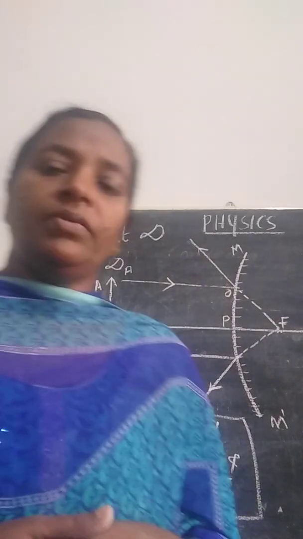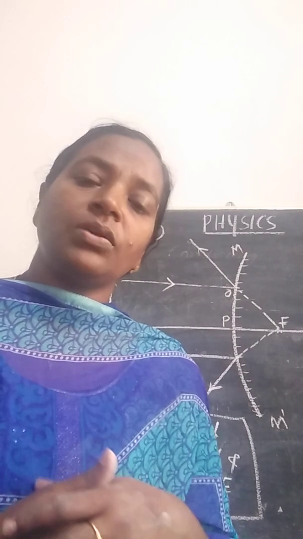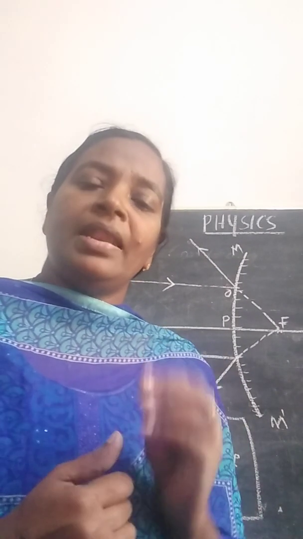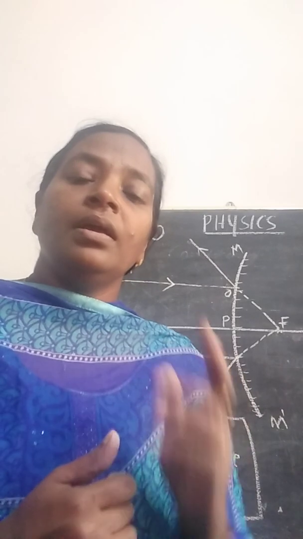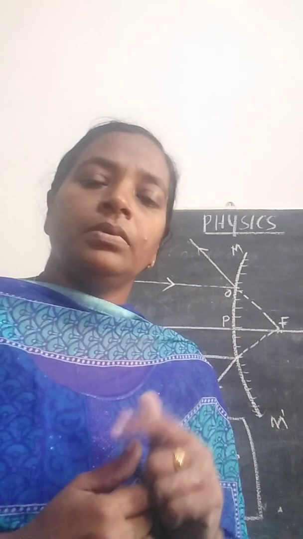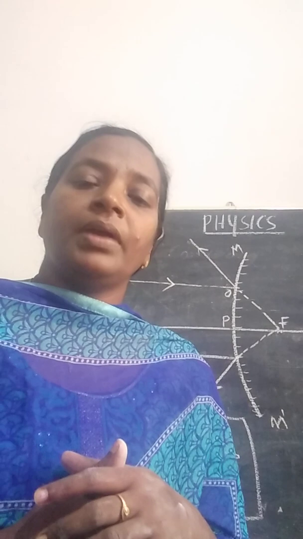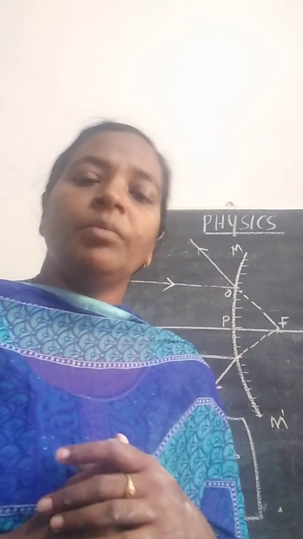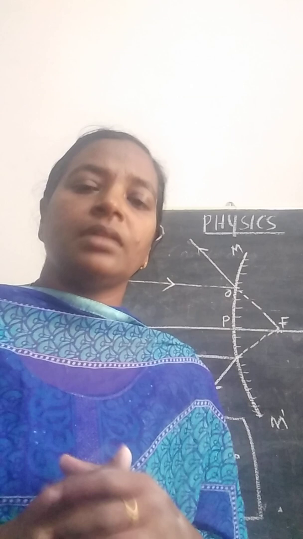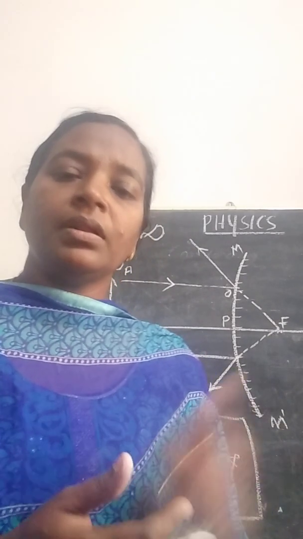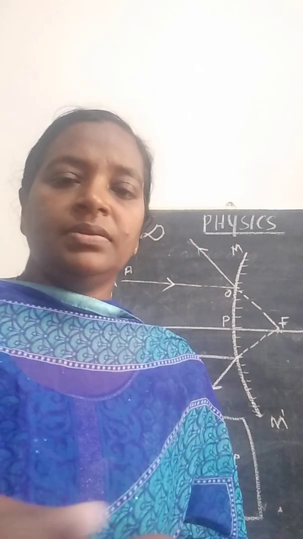In this case, when we place an object at a far off distance called infinity, the convex mirror will give you an image that is virtual and erect, at the principal focus of the mirror. These are the details of the image given by the convex mirror in this particular case. Okay, thank you.